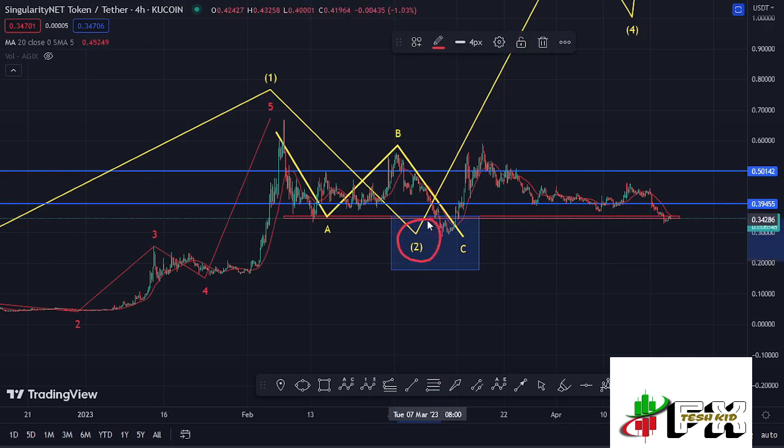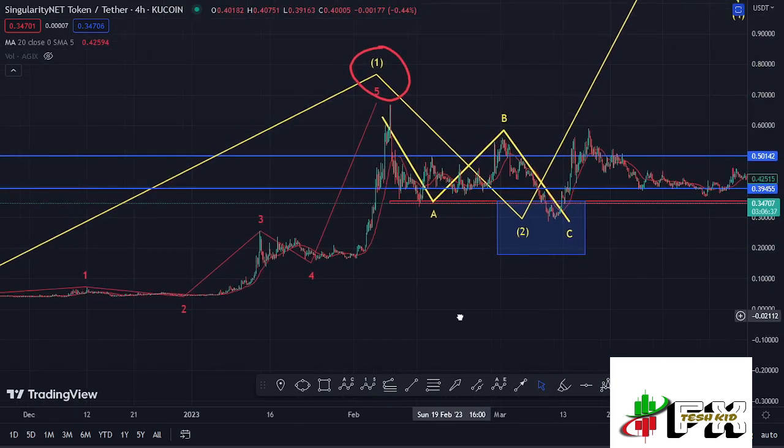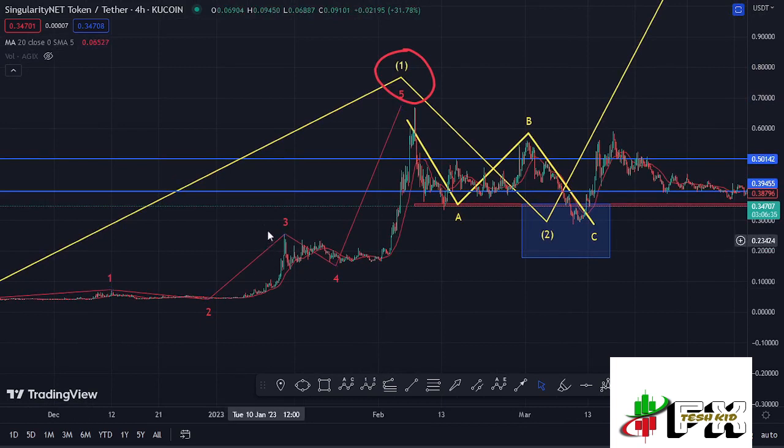And all this played out after we fully peaked in the formation of that higher Elliott wave count 1, after seeing a 5-wave structure to the upside, having the wave 5 giving us a peak at around the $0.67 mark, and also giving us the high for that first wave to the upside.